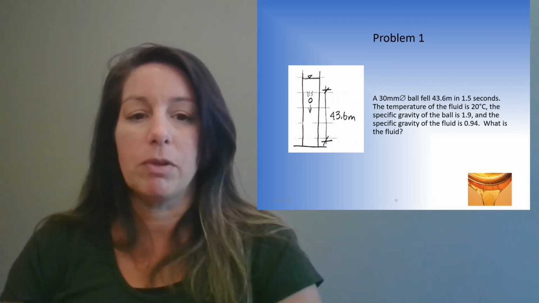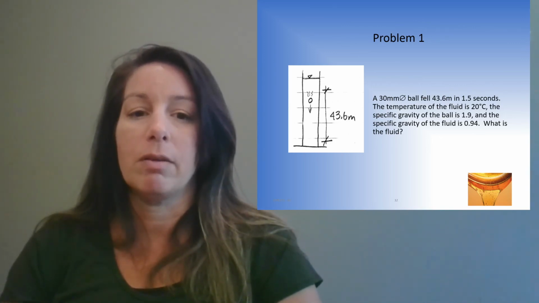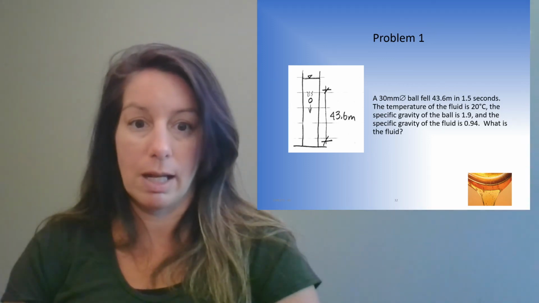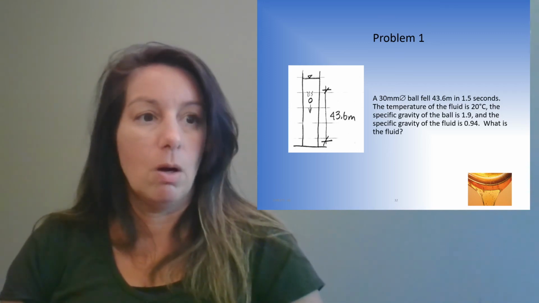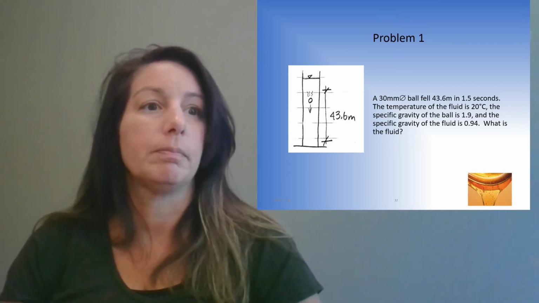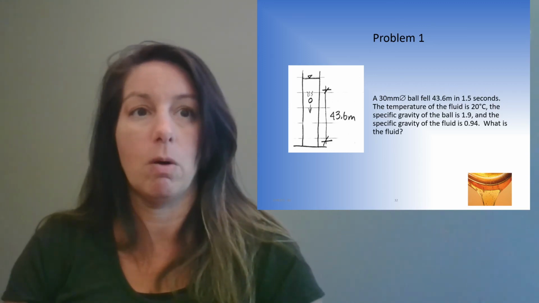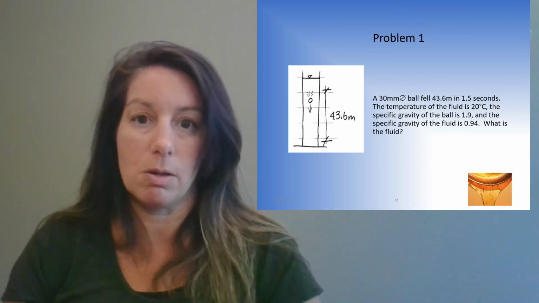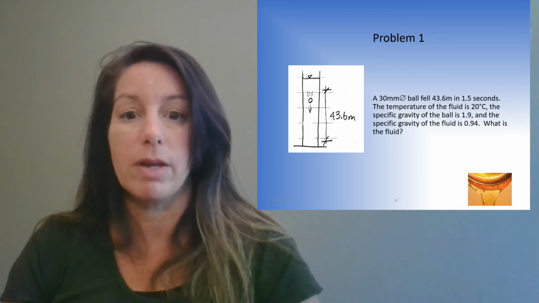The temperature of the fluid is 20 degrees C. The specific gravity of the ball is 1.9, and the specific gravity of the fluid is 0.94. Try to figure out what the fluid is. Look in the back of the book, or look it up on the internet. Just make sure you've got a couple of different sources so you're not relying on one internet source that could be goofy and wrong.